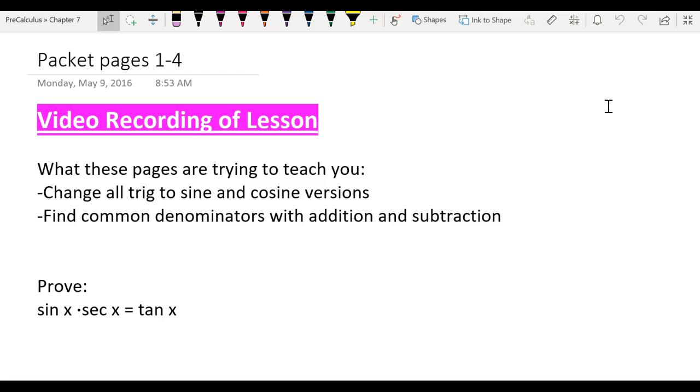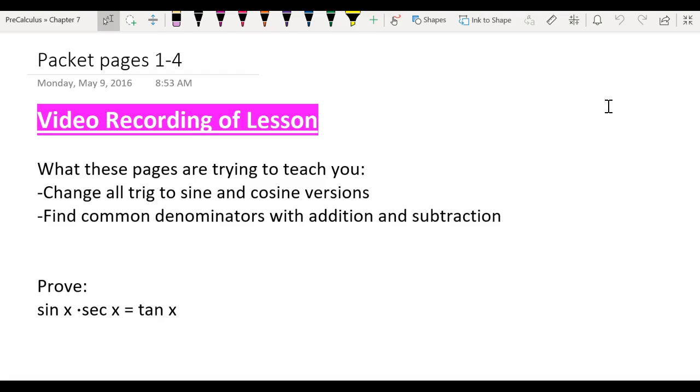So you would do sine of x times sine of x. So you have to be able to find common denominators today. So you're going to be using these 4 plus this concept today on your problems. Some problems you're going to use both. Some of them you're only going to use those first concepts.